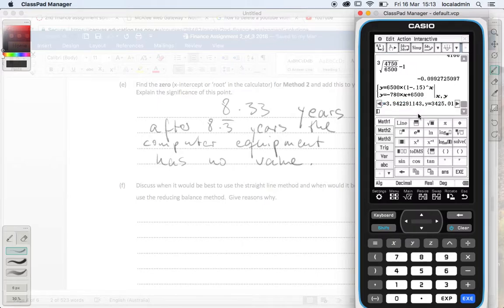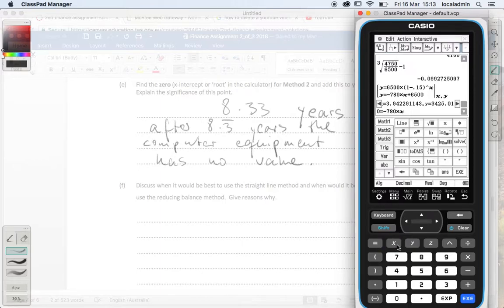How do we find the x-intercept of the straight line depreciation? So you are essentially saying, what is the y value? No, so when the y value is 0, what is x? Okay, so you go to 0 equals negative 780 multiplied by x.